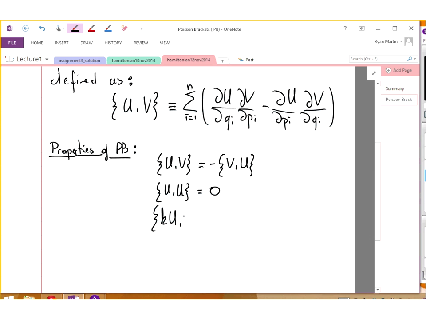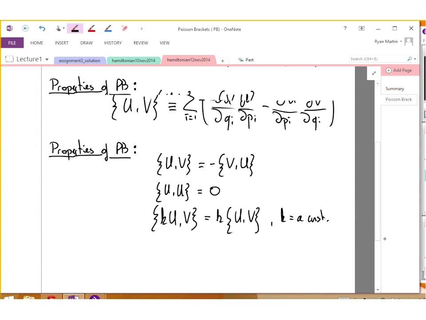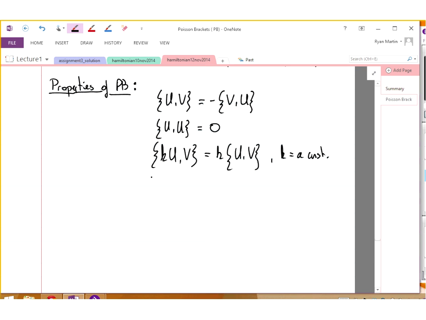If you have the Poisson bracket of k times u, where k is a number, and v, that's equal to k times the Poisson bracket of u and v. K is just a number, or constant. So that's also pretty trivial.